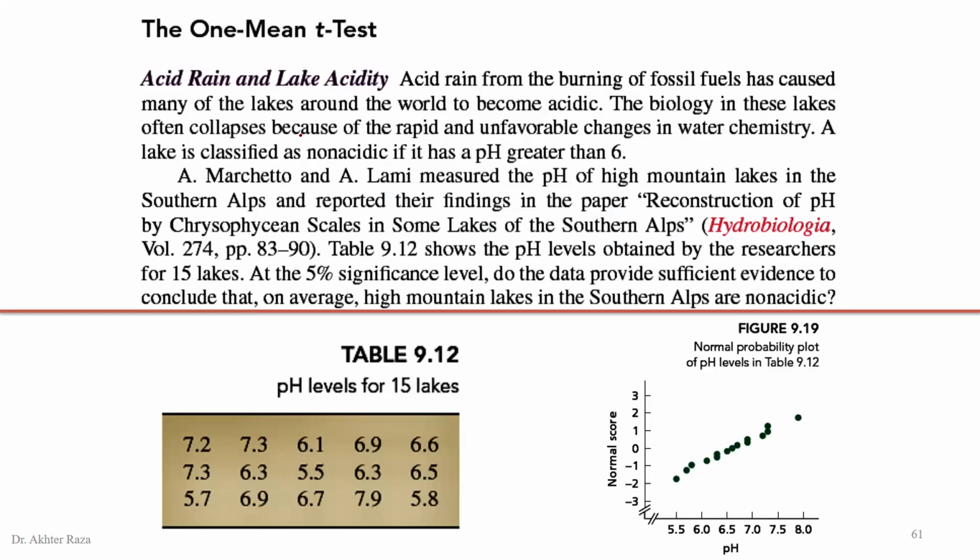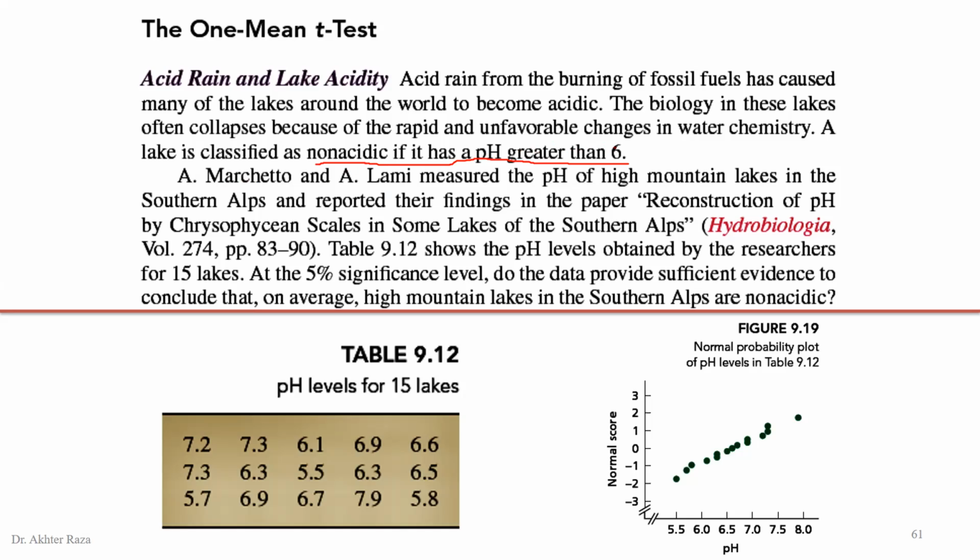Acid rain and the lake acidity. This is the problem. The lake is assumed to be non-acidic if the pH value is greater than 6. If the pH value of the lake water is greater than 6, the lake is assumed to be non-acidic.